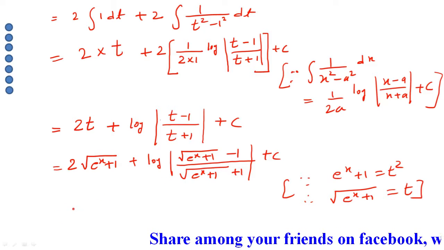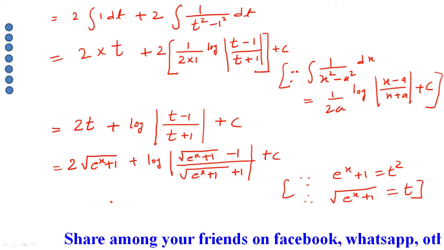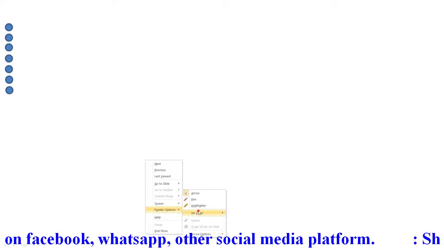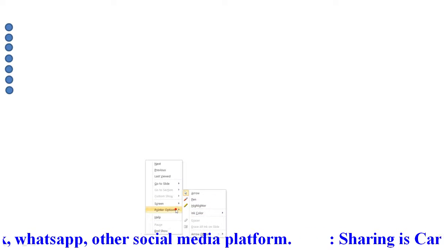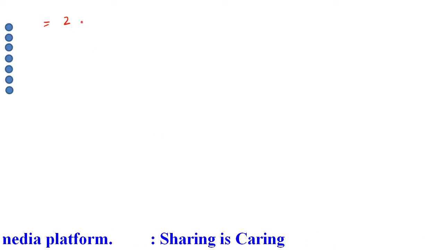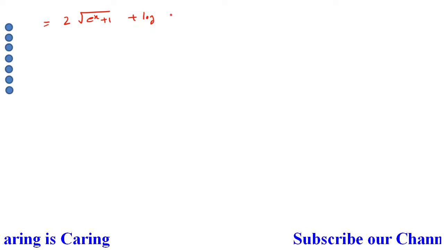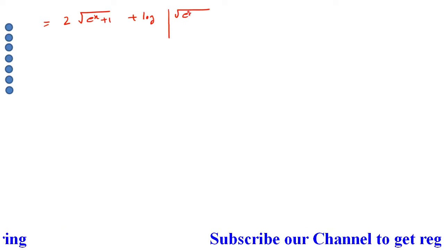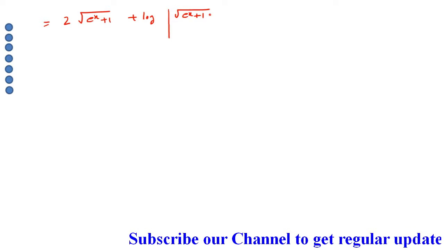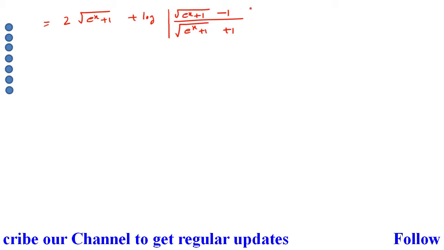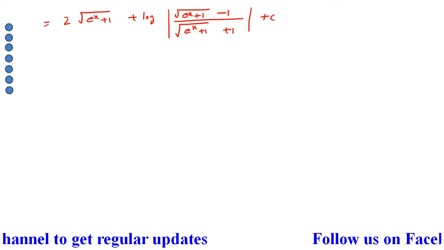So we were here, 2 multiplied by square root of e to the power x plus 1, then plus log mod (square root of e to the power x plus 1, minus 1) upon (square root of e to the power x plus 1, plus 1) mod plus c. So what I said, we are going to rationalize the numerator.